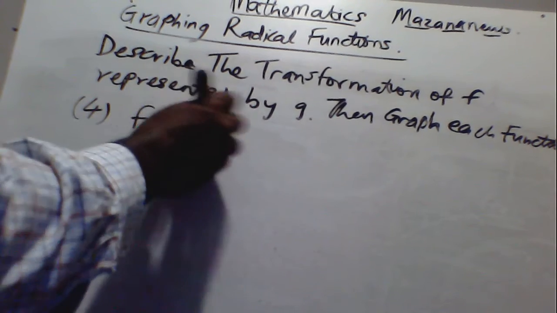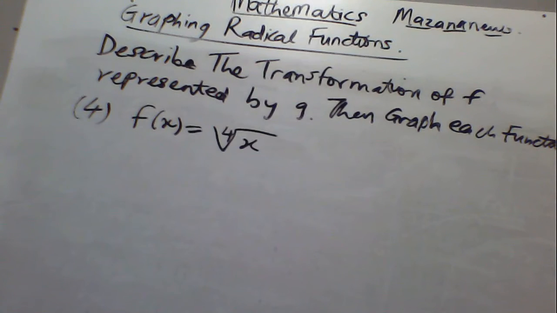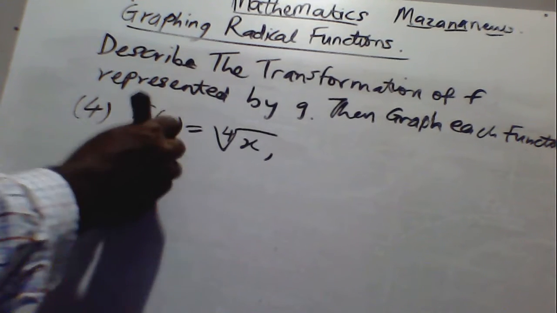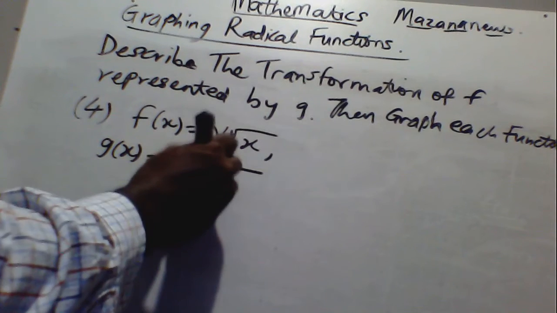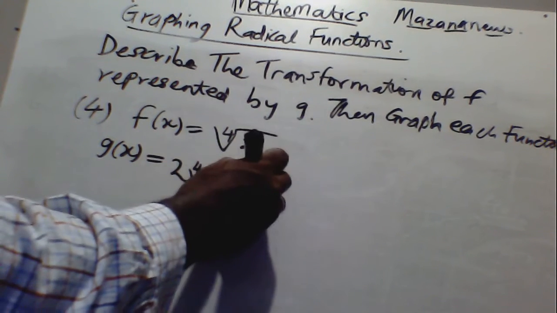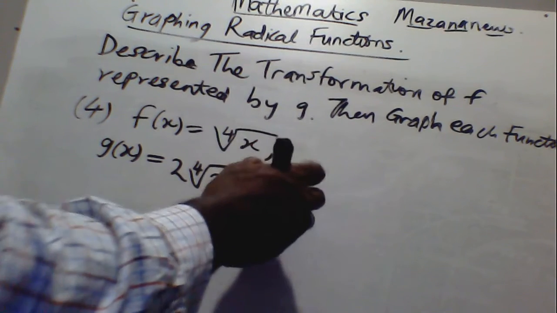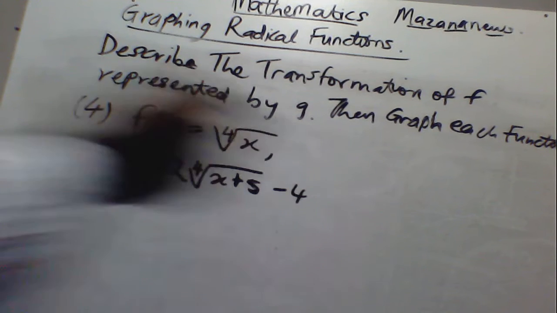f of x is equal to the fourth root of x. So g of x is 2 times the fourth root of x plus 5, minus 4.